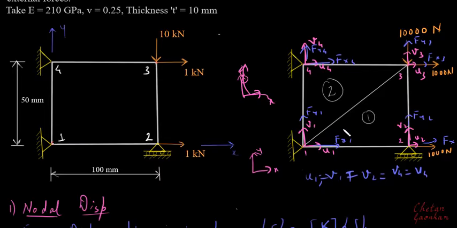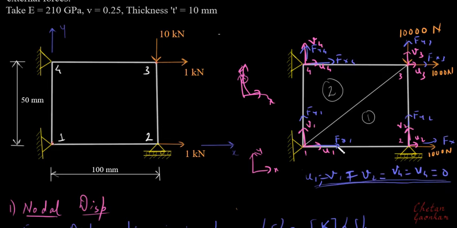So u1, v1, v2, v4, u4, all these terms will be 0 because there won't be any displacement in this direction at this node, and at this node in the vertical direction. So u1, v1, v2 and then u4, v4, all these terms will be 0. These are our essential boundary conditions.